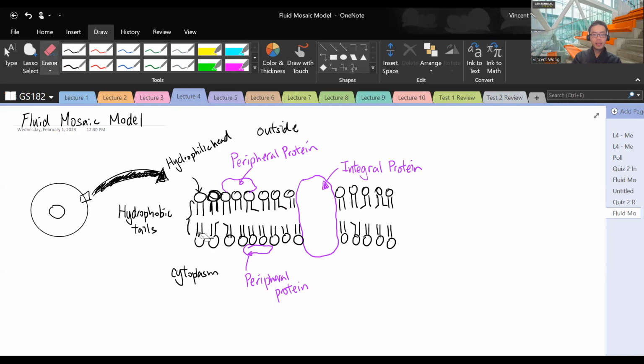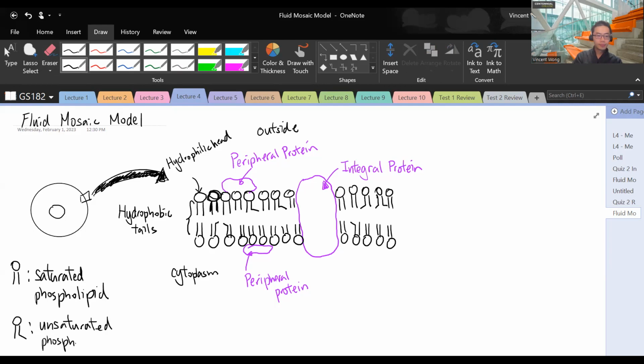So these phospholipids can come in two forms, right? So these are saturated phospholipid. And then these ones with the kink, that's the unsaturated. Now, having more saturated phospholipid is going to make your membrane less fluid.